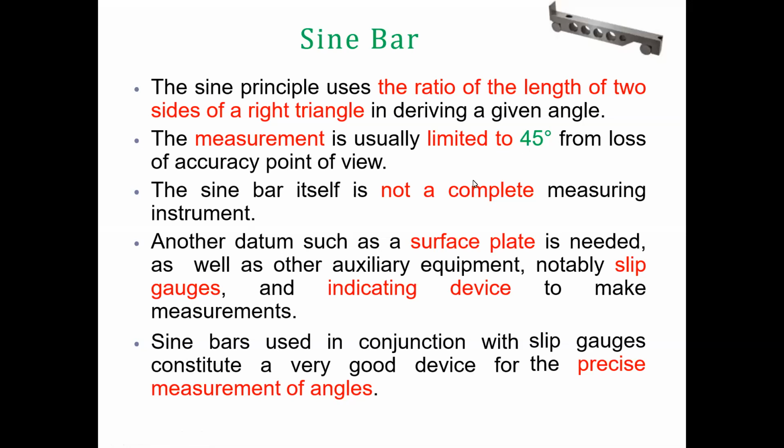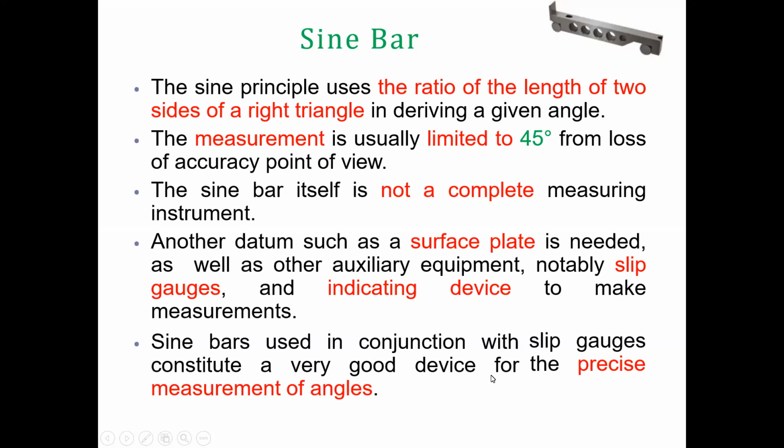The sine bar itself is not a complete measuring instrument. It is to be used with a surface plate, slip gauges and indicating devices. Indicating device means a dial gauge or dial indicator. Sine bars in conjunction with slip gauges are considered a very good device for the precise measurement of angles.